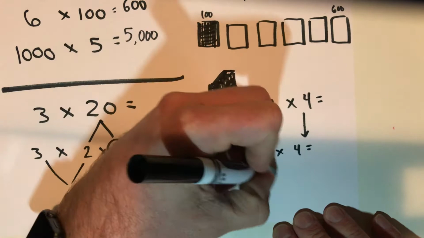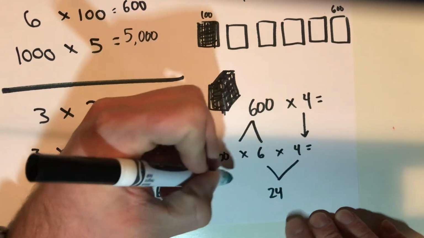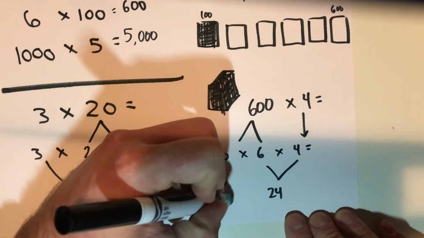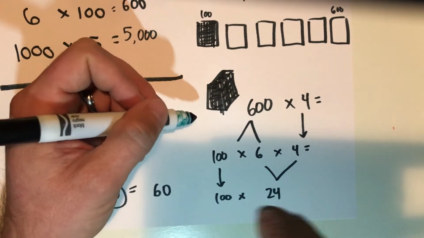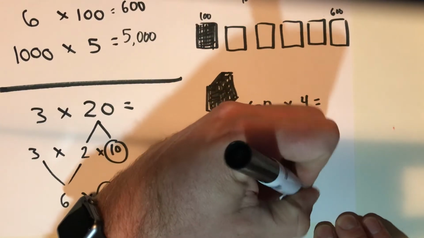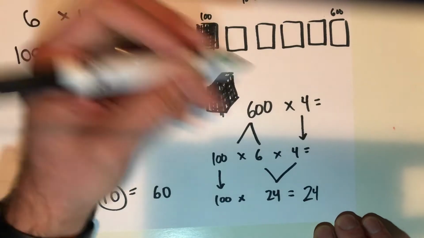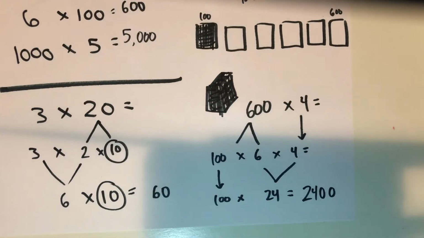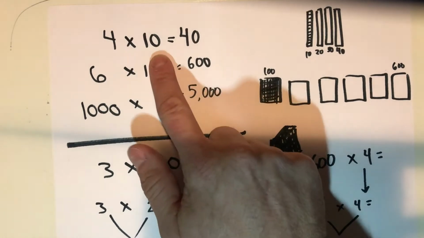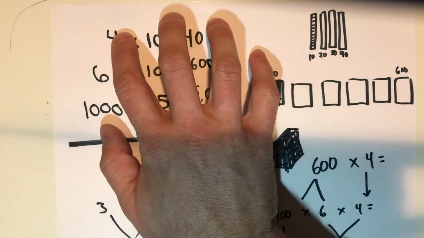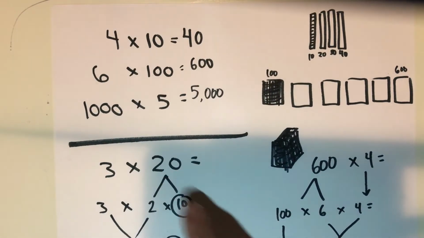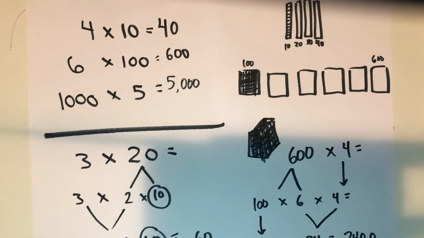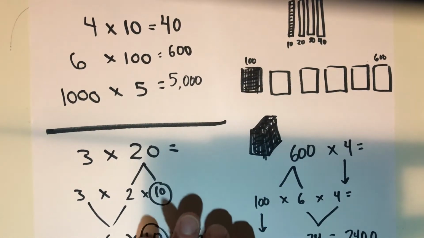All right, now we'll combine that. 6 times 4 is 24, and we're making that 100 times bigger. So we have 24 times 100, or as I show the kids, we've got 24, and then we're going to make it 10 times bigger, 100 times bigger. Okay, so by being able to multiply by 10, 100, 1,000, that's the first step.